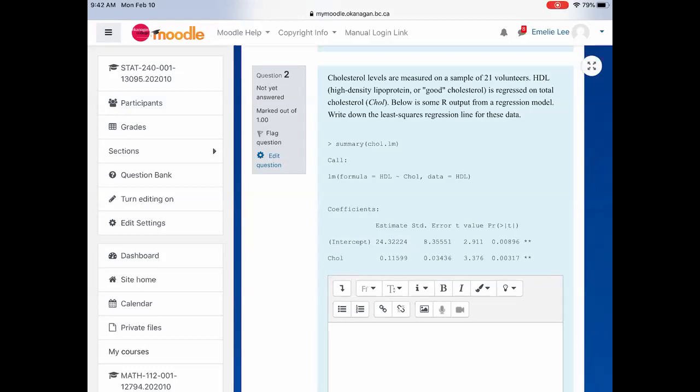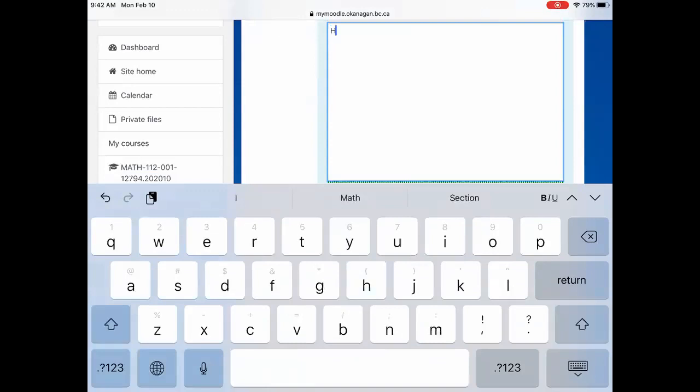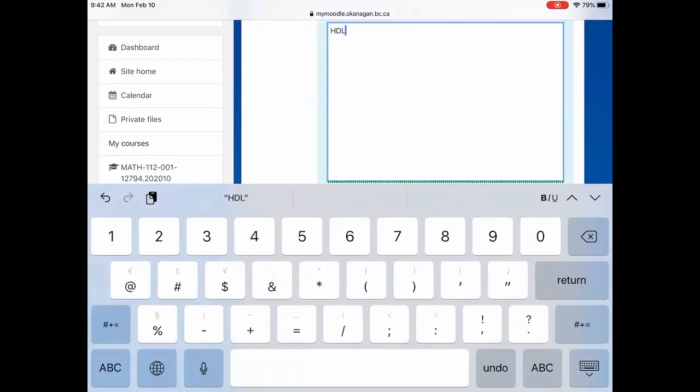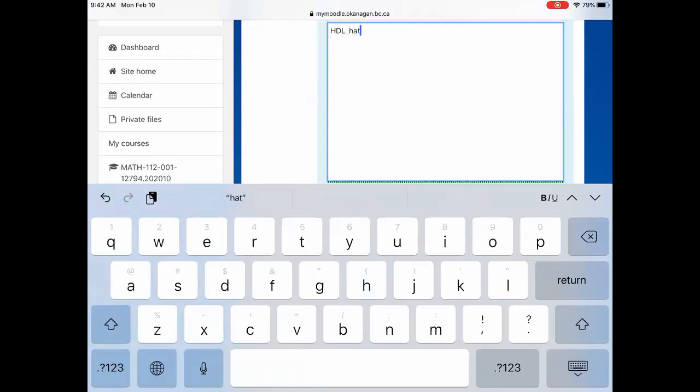Because I'm reading them later, if you did something like, let's see if I can do it on my iPad here, HDL underscore hat, even because it's just going to be like a regular keyboard, we have to get creative. As long as you're communicating to me that, hey, here's the predicted value of HDL, equals, and then whatever.